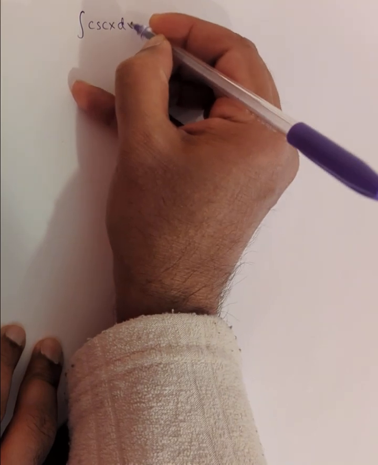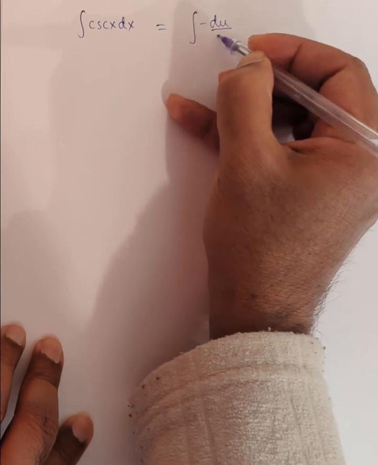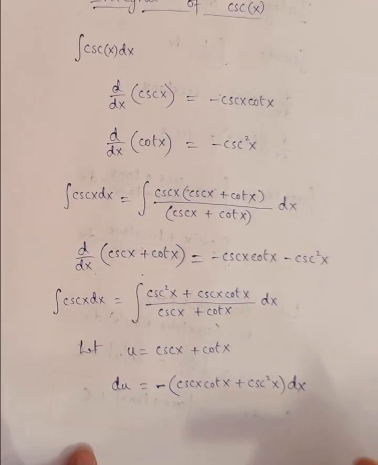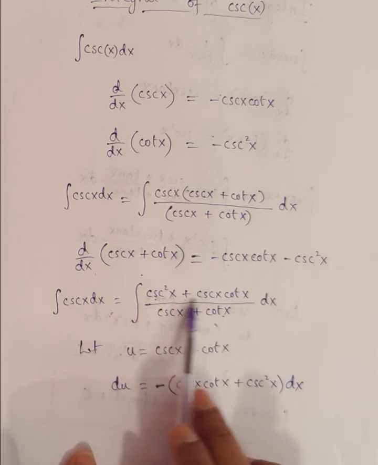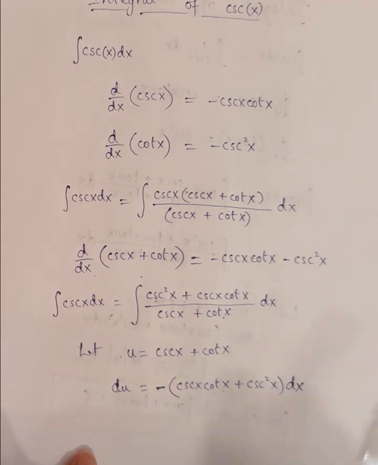Let me start on a fresh page. Cosecant x dx is simply negative du over u. That's what I have, because this is u and this is negative du. All of the numerator is negative du.